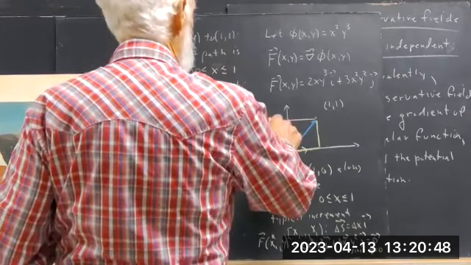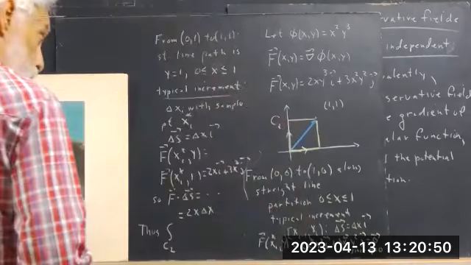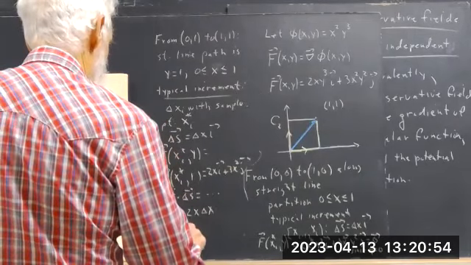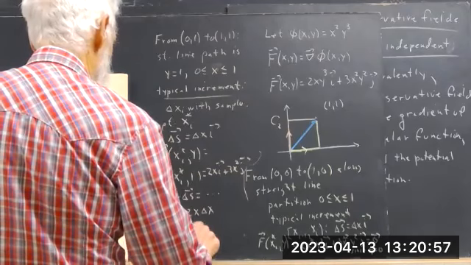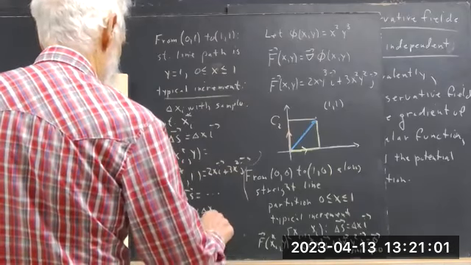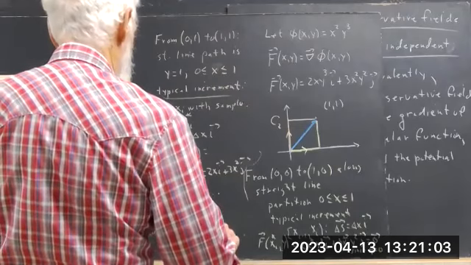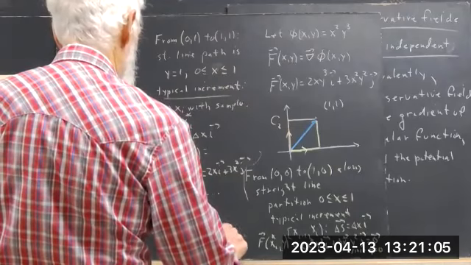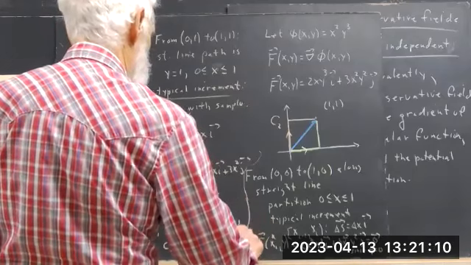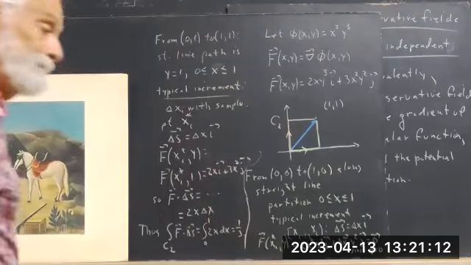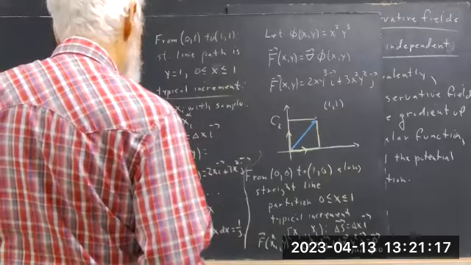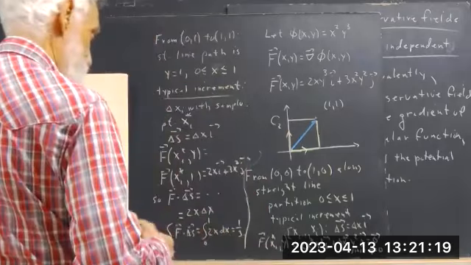The integral over C2 from 0 to 1 is 2x dx. You can do that one in your head. And you get, no, you don't get an x squared over 2, you get 1.